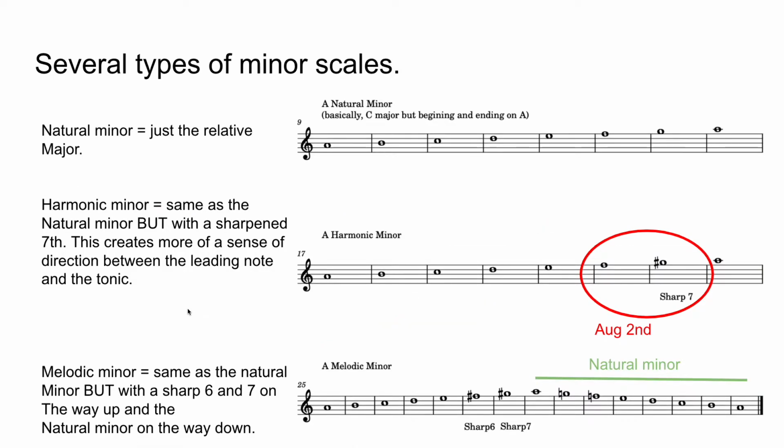So there are several kinds of minor scales. I've just shown you the natural minor, which is what you get if you start on the sixth step of a major scale and play exactly the same notes.